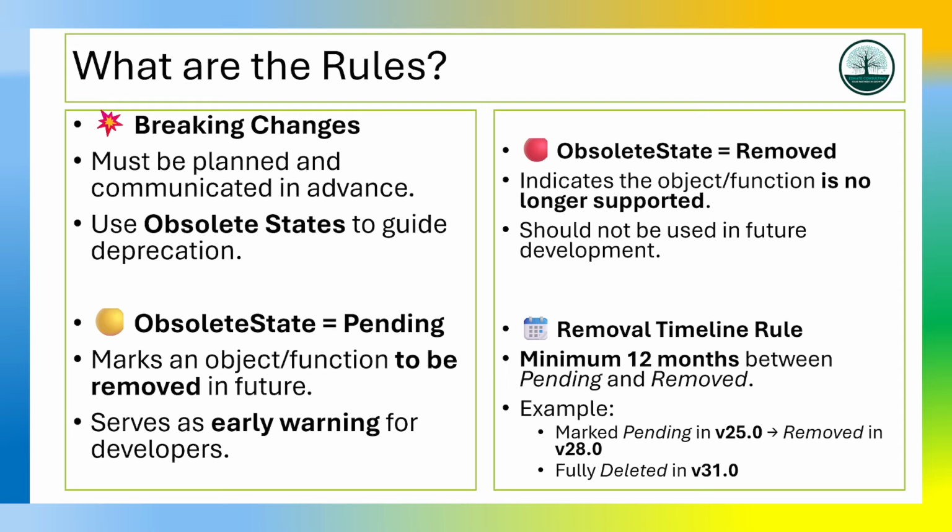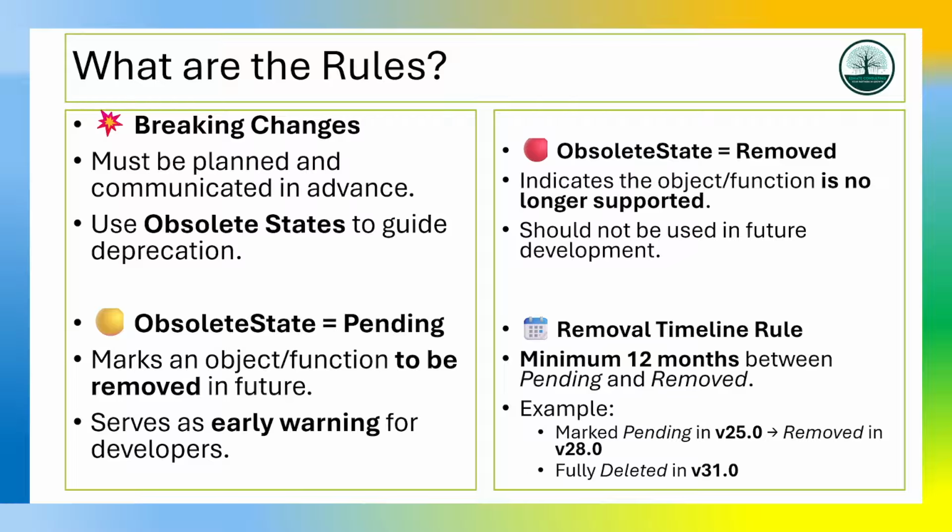Then the next stage comes where you change the obsolete state to removed, which indicates that this particular function is no longer supported by you and you should be switching to the replacement that you have created for that particular thing. But what is the timeline for it? That's surely a question. Microsoft documentation says that Microsoft will announce a minimum of 12 months before changing an obsolete state from pending to removed.